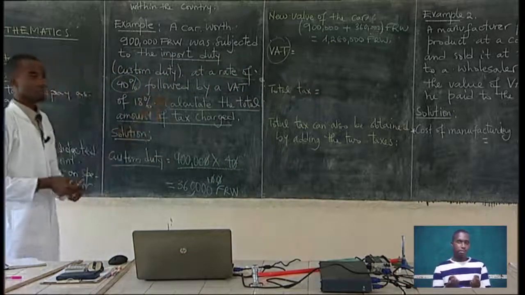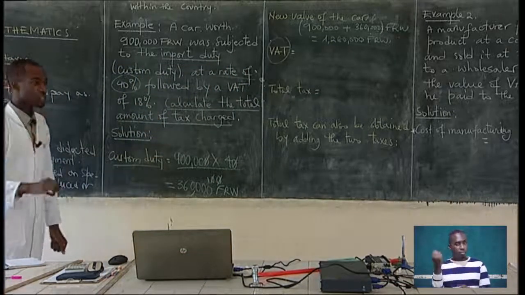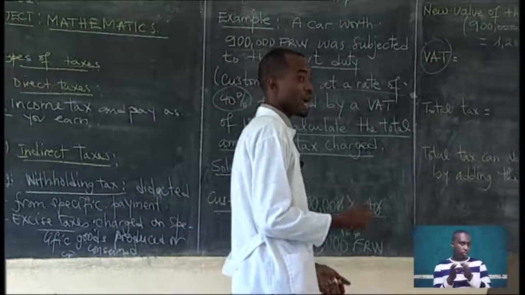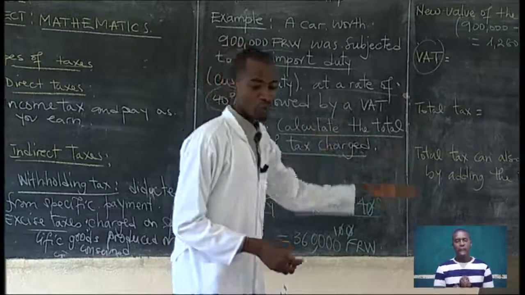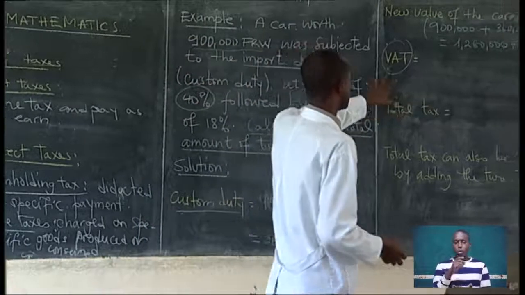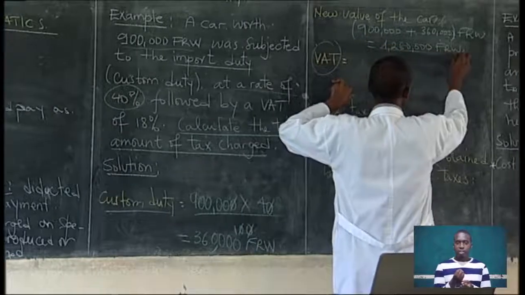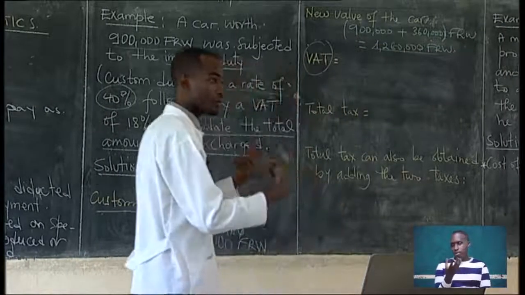So from this new value of the car, you remember what I explained to you, what we call VAT, value added tax. You need to calculate this. Then how do you calculate it? You calculate it by first taking the new value of the car.